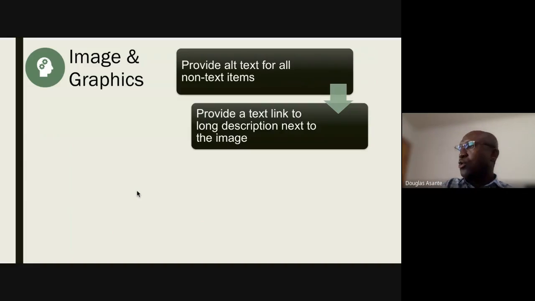Good. Now you also provide a text link to a long text next to the image. So for purposes of describing what is in the image for whoever can see it, you might be tempted to write a whole lot about that. Sometimes it's quite stressful, like it brings an extraneous load on somebody who can decipher what the image is about.